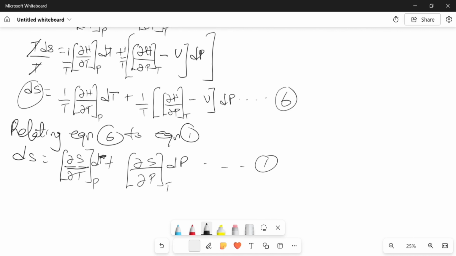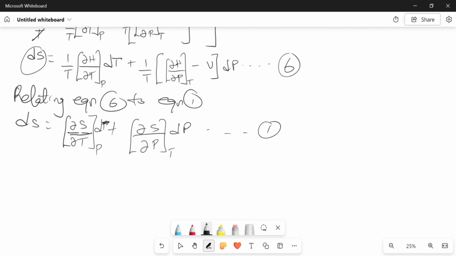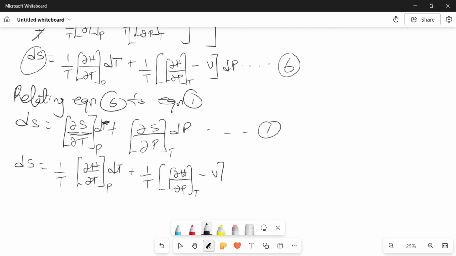Now equation 6 says ds is equal to 1 over t, dh over dt at constant pressure, dt, plus 1 over t, open your bracket, dh over dp at constant temperature minus v, and we have dp.